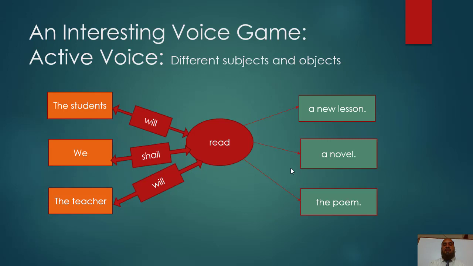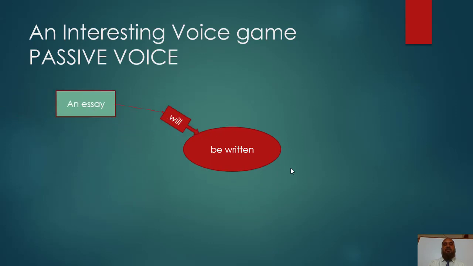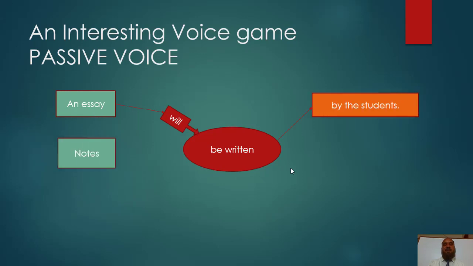Now another aspect of this interesting game is about passive voice. We are using the same verb with different subject and object. At first, an essay will be written by the students. Another sentence may be notes will be written by the teachers.